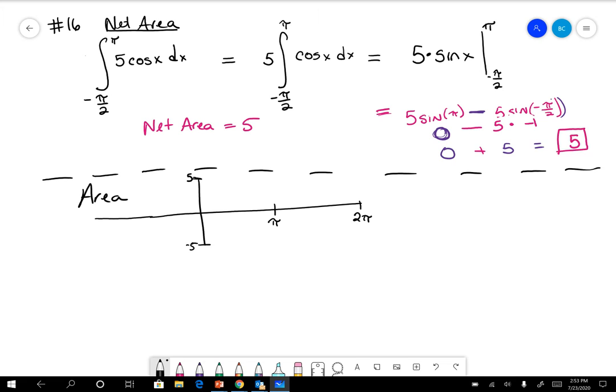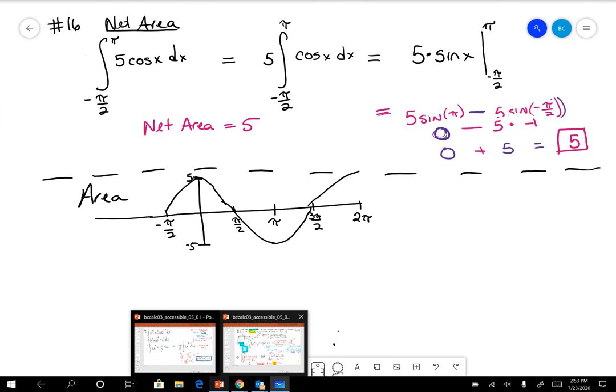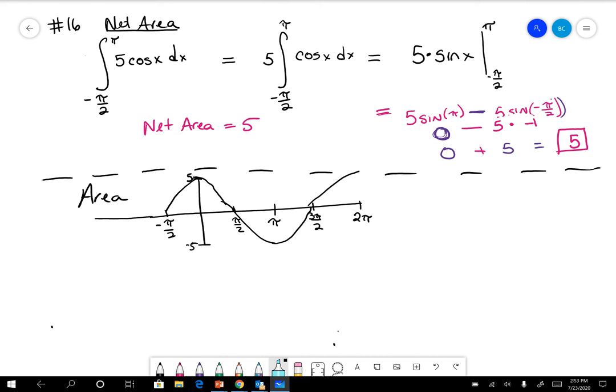The cosine graph is a U, so it starts here, goes down through pi over 2 to 0, back up to here, and then negative pi over 2 here. And so my limits of integration would be negative pi over 2 to pi. So I'm looking at this section here.